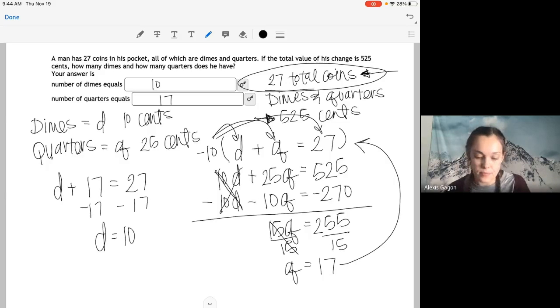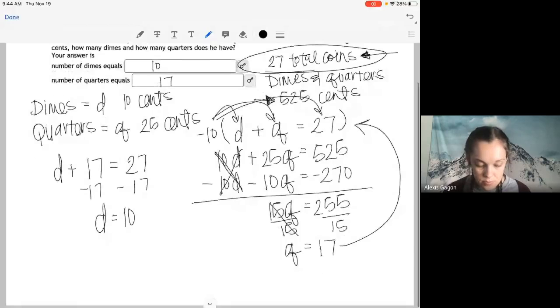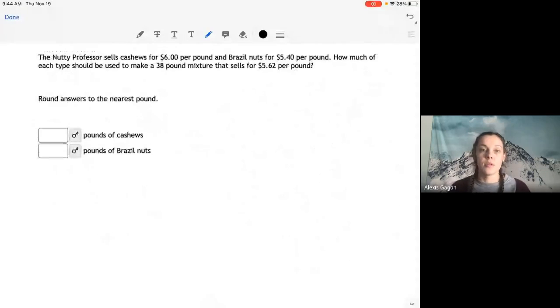Okay, all right, I have one more word problem. This next one, the setup is kind of weird. Once we get it set up, again, I think you'll be fine. So let's go to this next one. We have this professor who sells cashews for $6 a pound, and he sells Brazil nuts for $5.40 per pound.